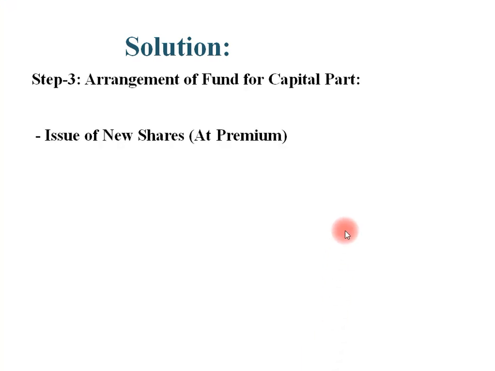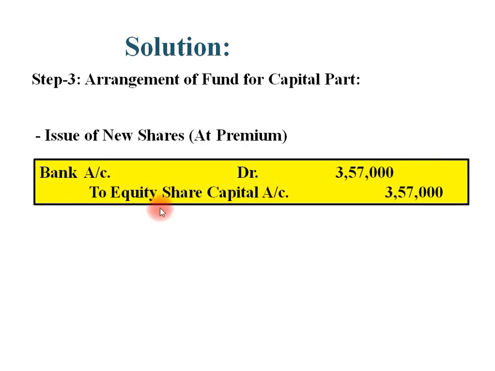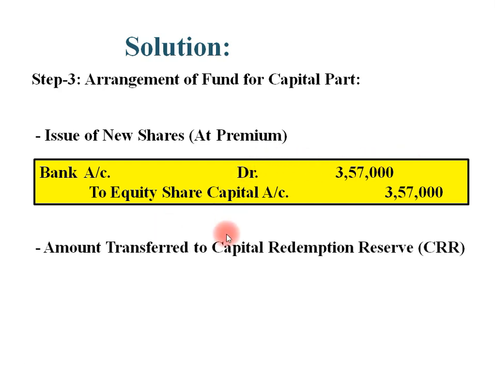Let us pass journal entry for this transaction. Issue of new shares. Bank account debited 3,57,000 to equity share capital account 3,57,000. New shares issued by the company.